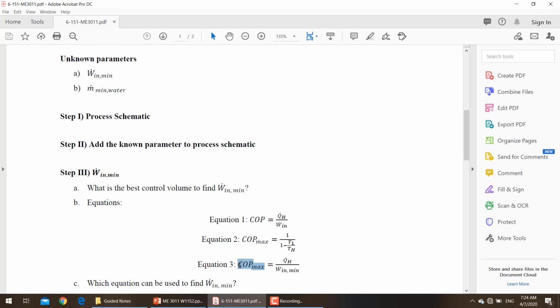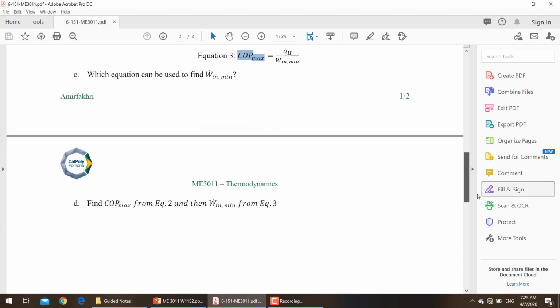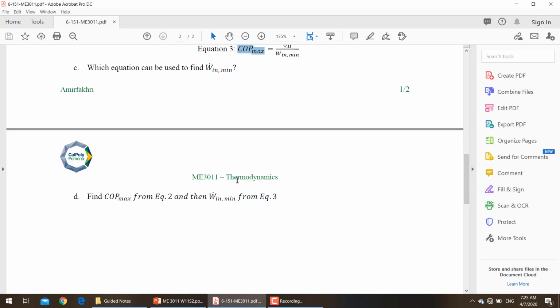How can you find this value? You can use equation 2 to find the COP max, and then you can substitute into this equation to find the W dot in min. Please spend 5 minutes and then just solve equation 3 and equation 2 to find the W dot in min. Please pause this video and then find the W dot in min.